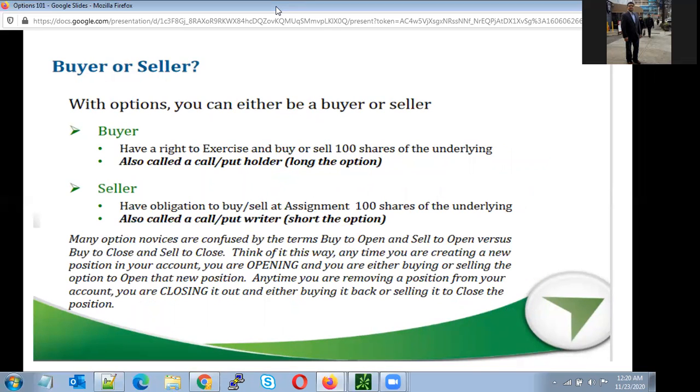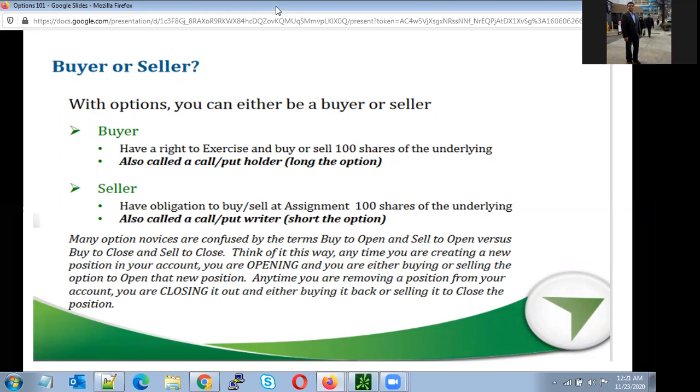So the same thing, buyer and seller. The buyer has a right to exercise, to buy or sell 100 shares of the underlying stock, right? We call it a call holder or put holder, long option. The seller, who is a seller? The seller is always called a writer.